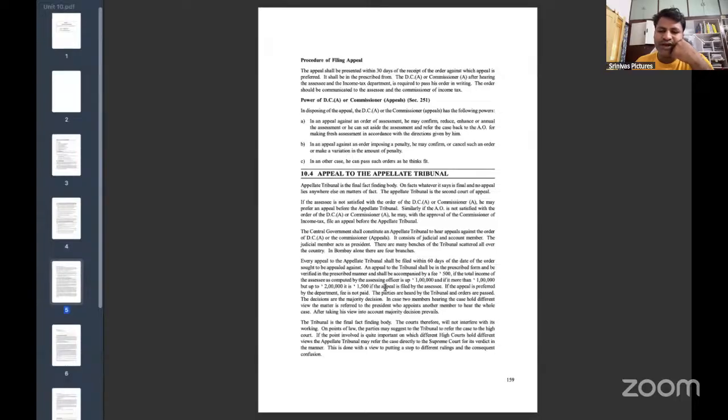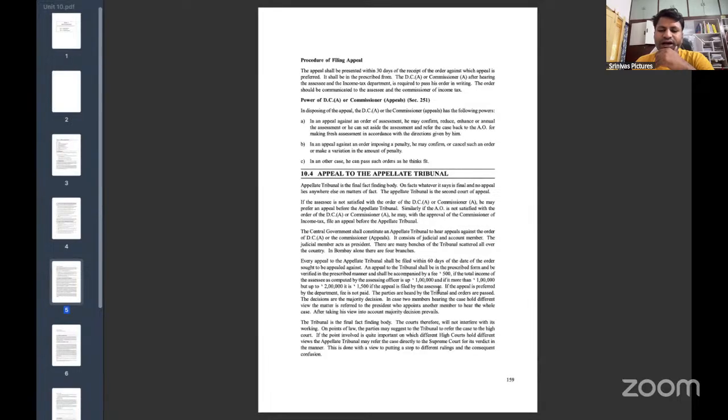If it is more than 1 lakh but up to 2 lakhs, the fee is 1500 rupees, if the appeal is filed by the assessee. The fees are based on the amount assessed.